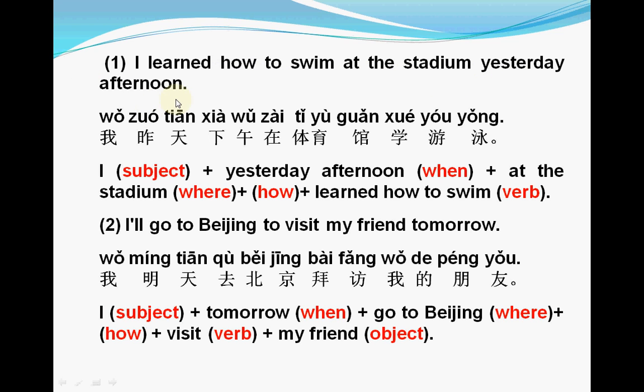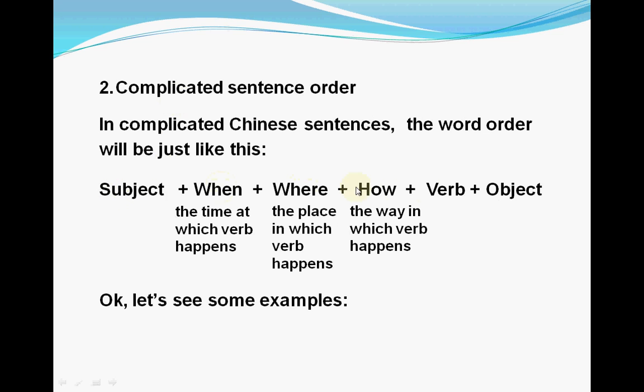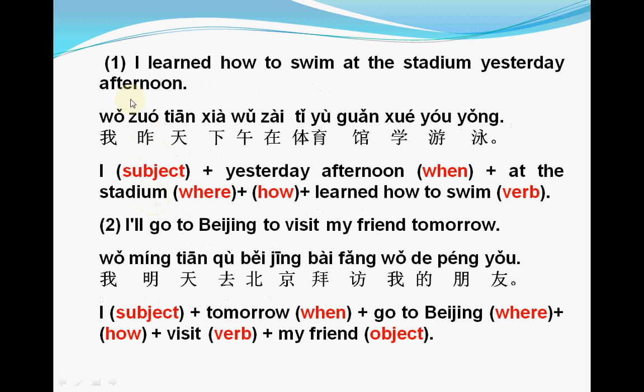Okay, if we use this word order to translate this English sentence to Chinese, it should be just like this. I is a subject, and the subject is followed by when. When is yesterday afternoon. When is followed by where, at the stadium. And where is followed by how. In this sentence, we don't have how, so we just skip this one and add the verb learned. Learned what?